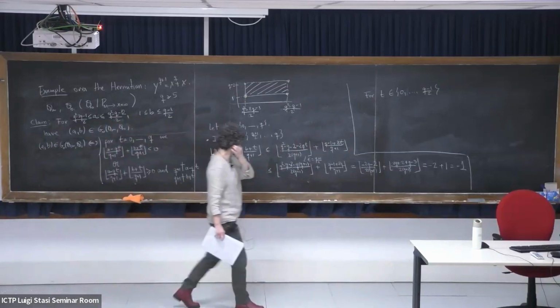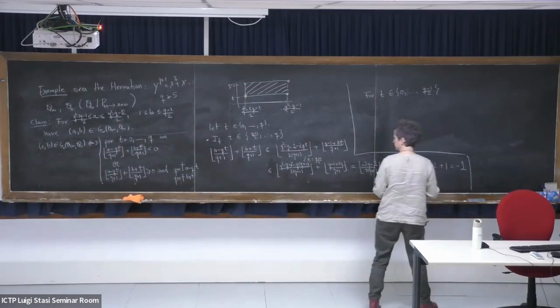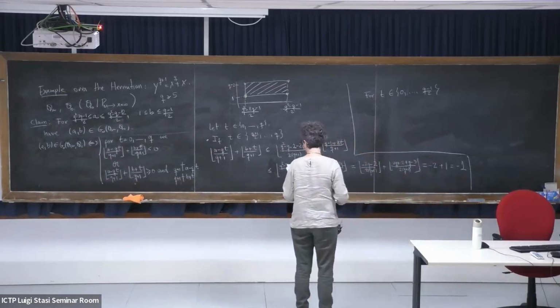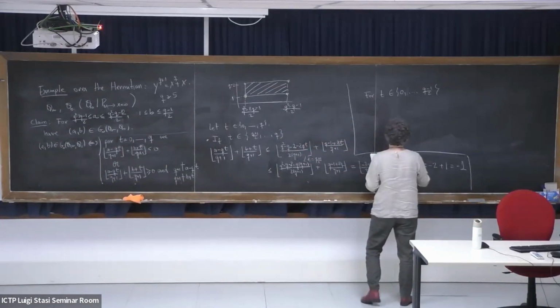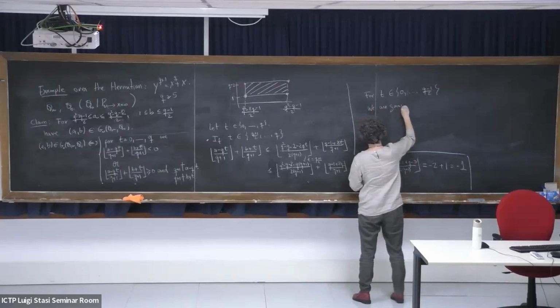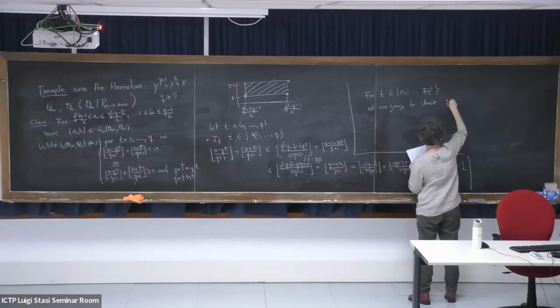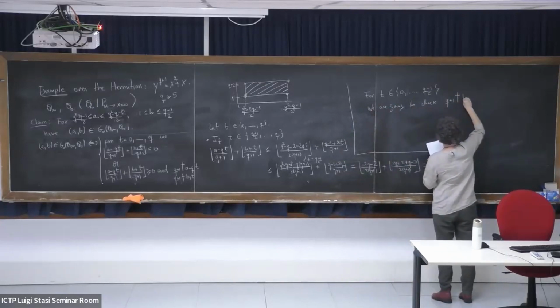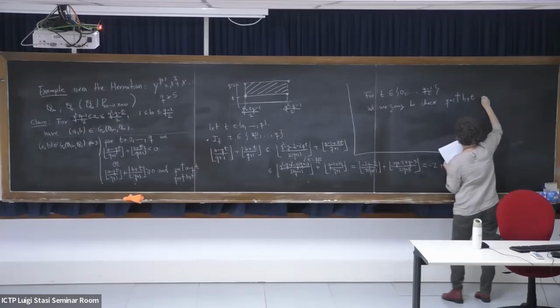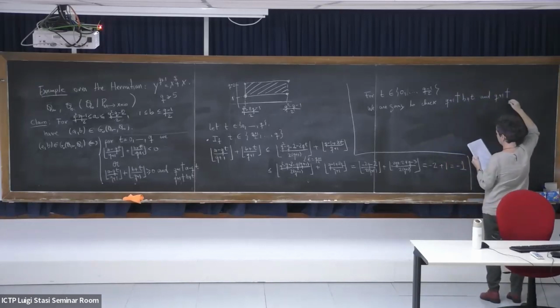So for this, what we have is that Q plus 1 does not divide B plus T, and Q plus 1 also does not divide A minus QT.